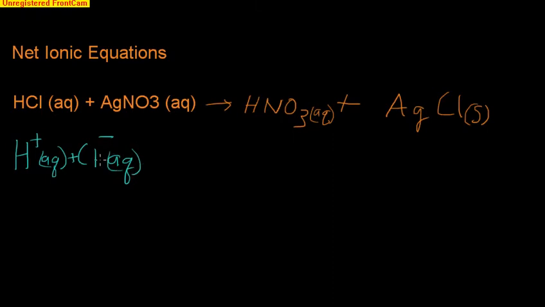Whenever you're writing the charges out, you don't really have to worry about numbers per se. We're just more interested in charges at this level. So I'll go ahead and put a 1 here and a 1 here. If you ever see just a plus or a negative by itself, it does mean 1, but I'll put the 1 there to explicitly show that. Okay, the next thing, we're going to put another plus, and we've got silver.